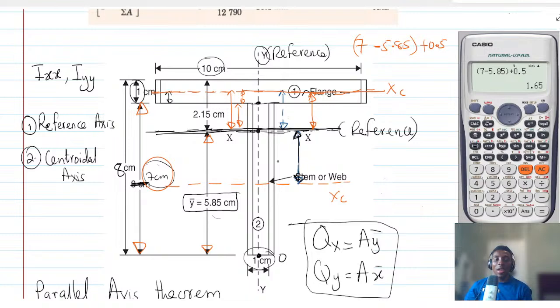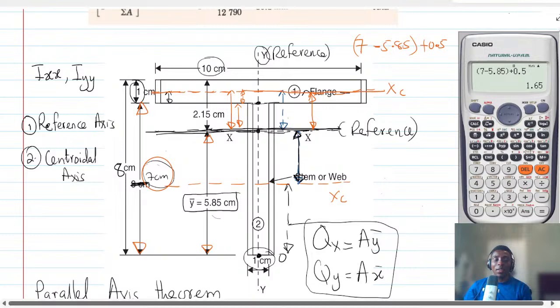Let me give you a hint. The whole of this figure, the centroid is what? 1/2 of 7. So actually the centroidal distance for this figure, from here to here about the y-axis, is going to be 3.5.